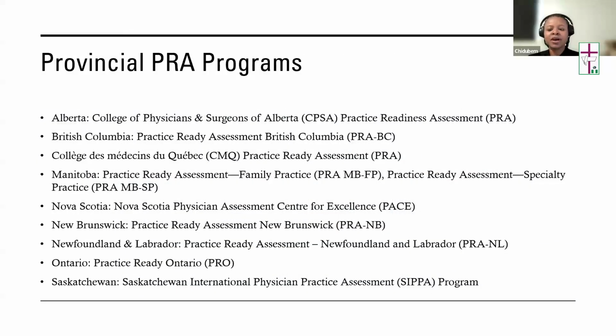These are the different provinces that participate in these practice ready assessment programs. There are about 9 provinces, as you can see here, that participate in this program. Some provinces like Quebec, Manitoba, and Alberta also offer PRA for specialists, in addition to family physicians.